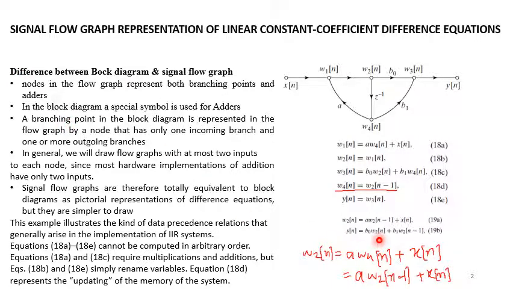So simply the output is y[n] equals B0 W2[n] plus B1 W2[n-1].